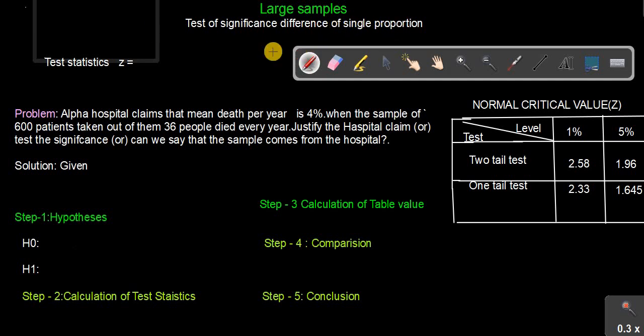The statistical formula to test the single proportion is small p minus capital P divided by the square root of capital P capital Q divided by n. What is Q here?